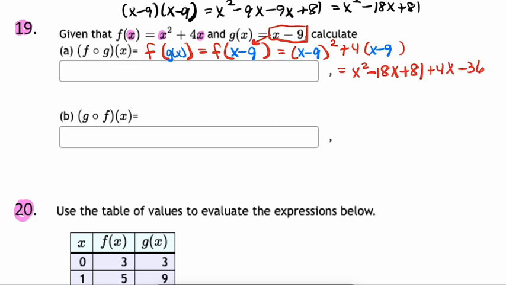So our final answer would be x squared minus 14x, 81 minus 36 is 45, so that would be plus 45. Okay, so my input was the g function x minus 9. I had to input that into the outer function.